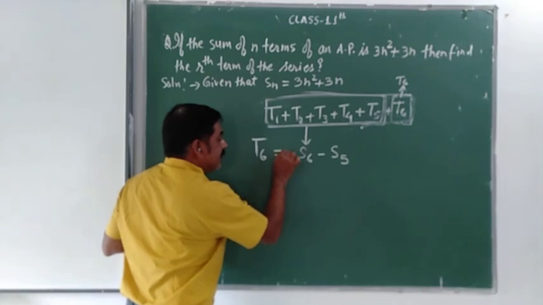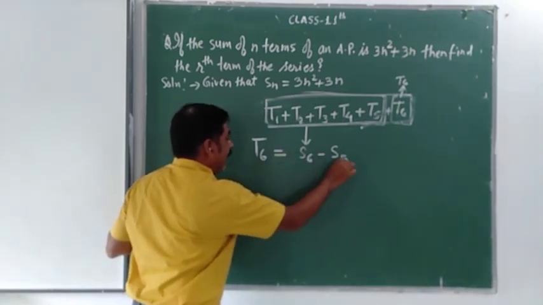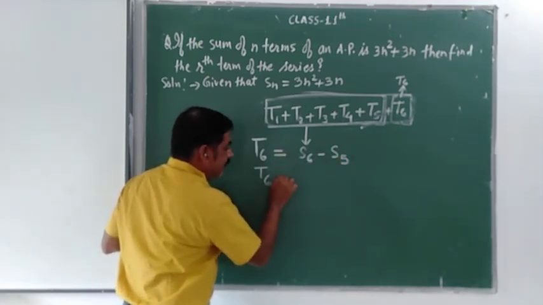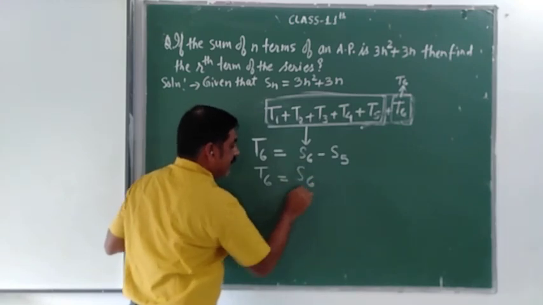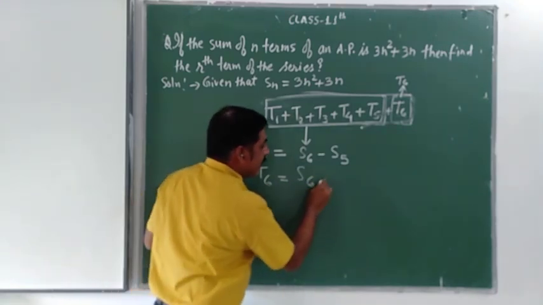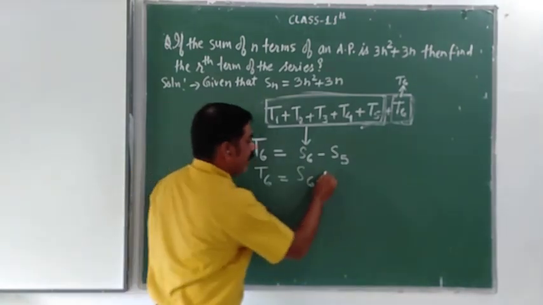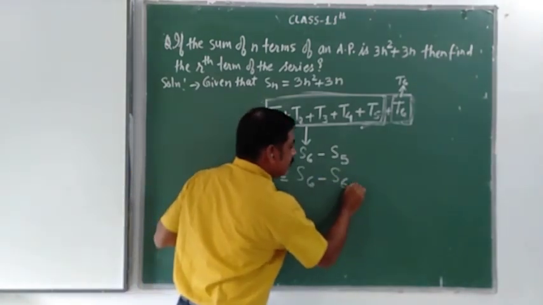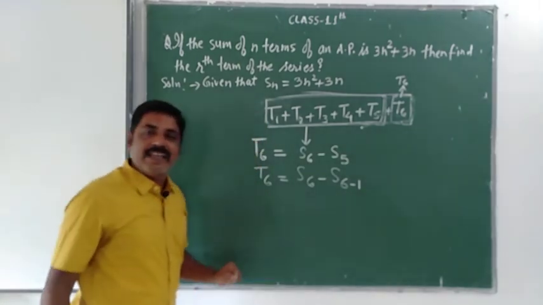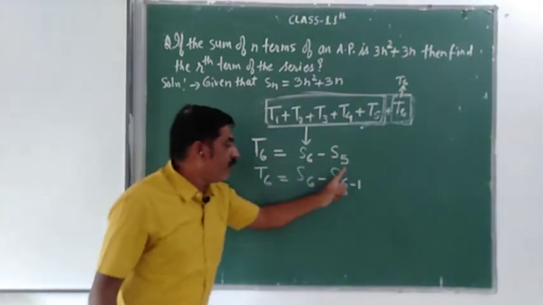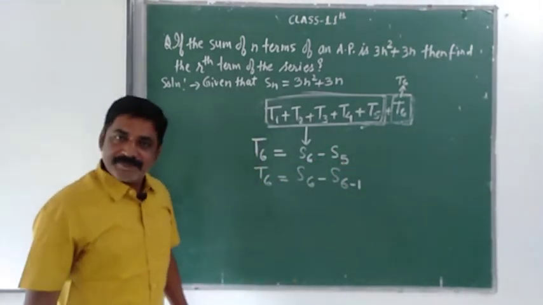So T6 is equal to S6 minus S5. ये भी 6 है, ये भी 6 है. तो क्या आप 5 को 6 के फॉर्म में लिख सकते हैं? बिल्कुल लिख सकते हैं. 5 को 6 minus 1 लिखेंगे.